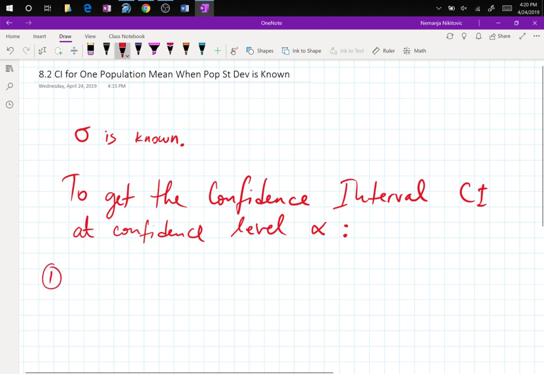All right, number one. Find the confidence level of 1 minus alpha, and use the z-score chart or table to find the z-score.